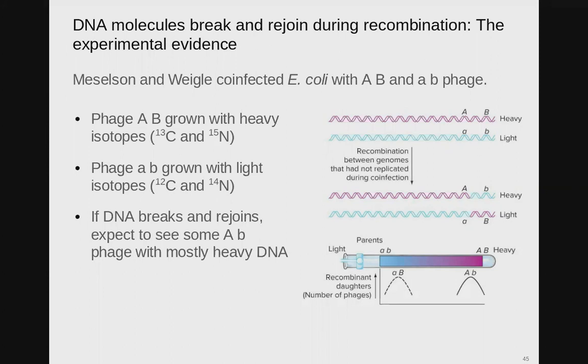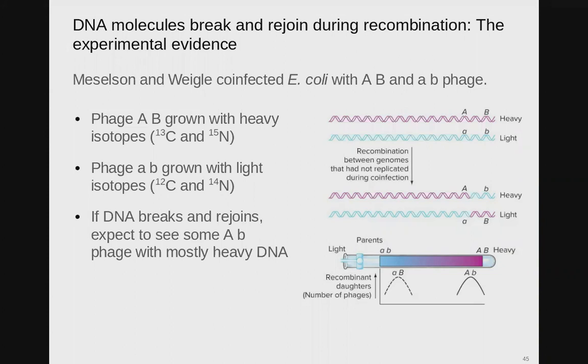They grew the phage on heavy carbon and heavy nitrogen, creating the big A, big B as heavy, and the little a, little b as light, as you can see, just growing on 12C and 14N. So just regular garden variety nitrogen and carbon.